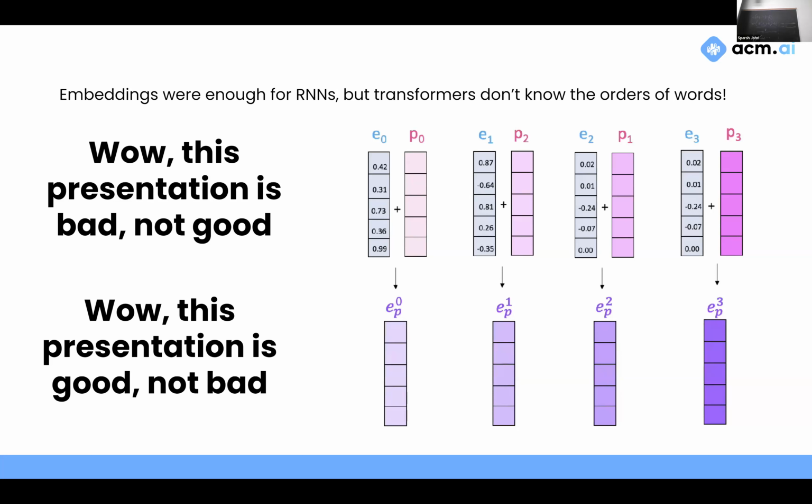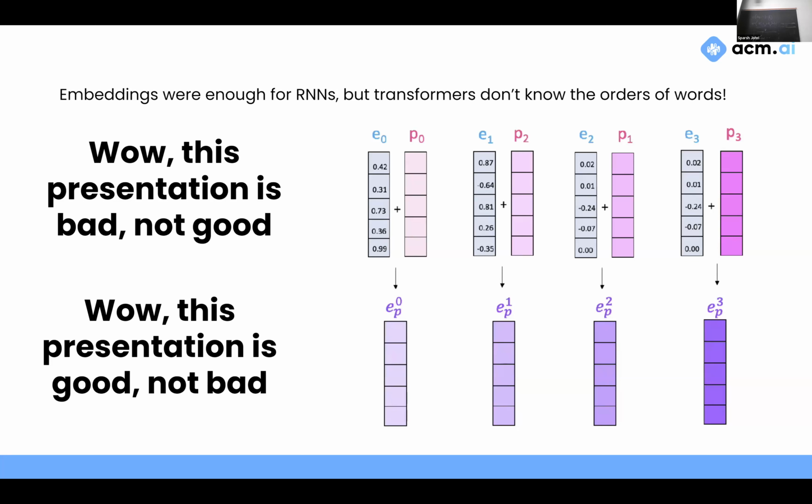We want it, when it produces a hidden state that gets passed in as the value, to have a different meaning, vector, or hidden representation if words are swapped, because word swapping changes the sentence a lot. So to the vectors that we're passing through, we have to add what's called positional embedding.